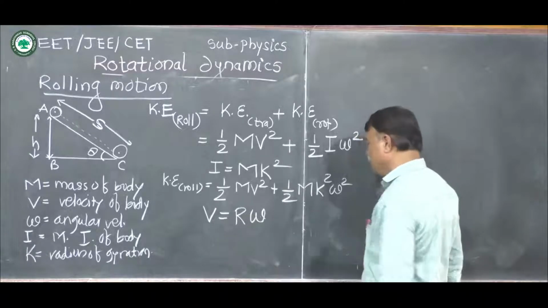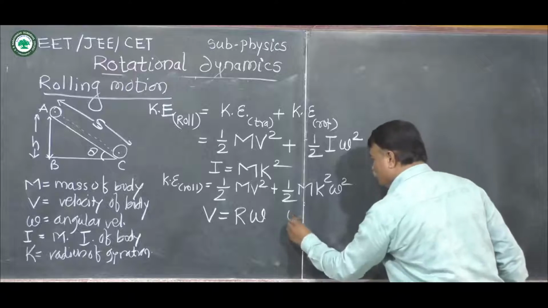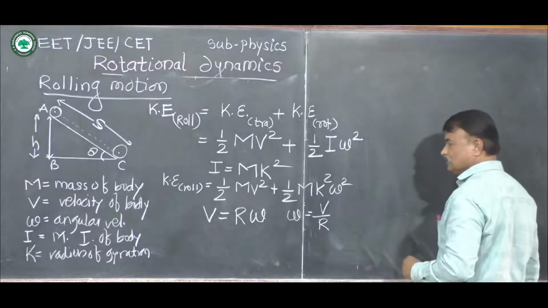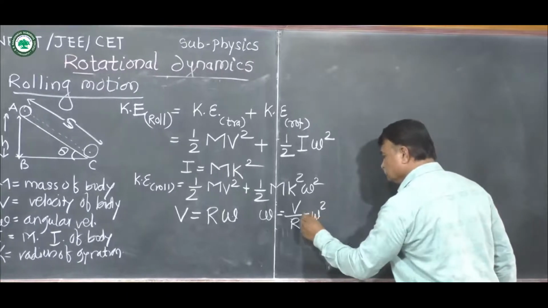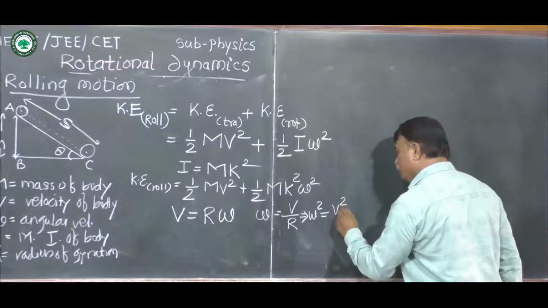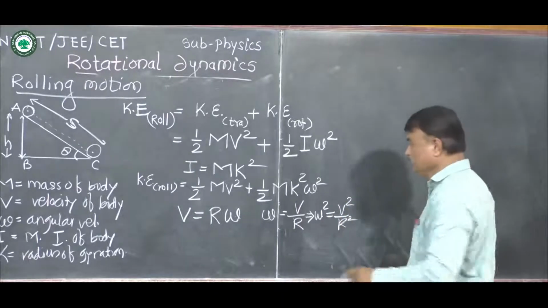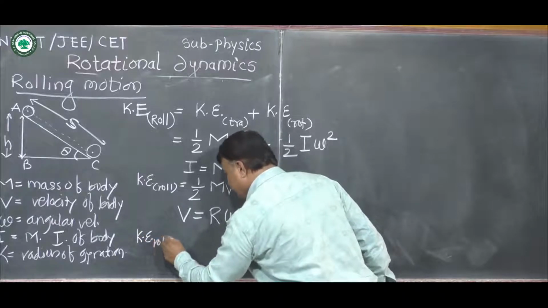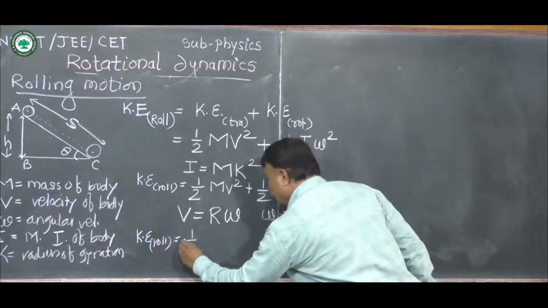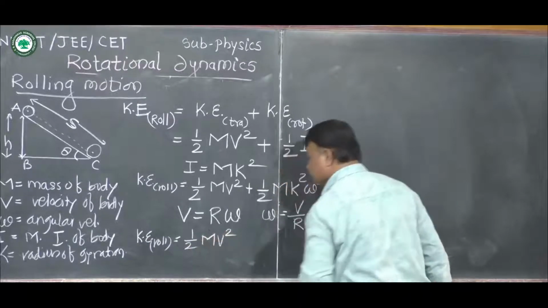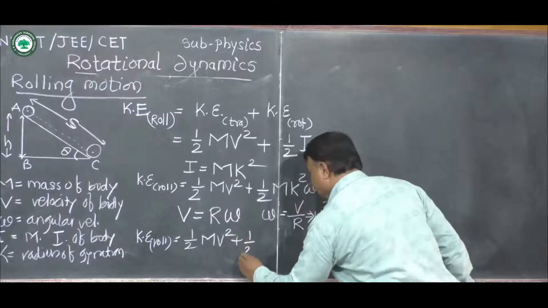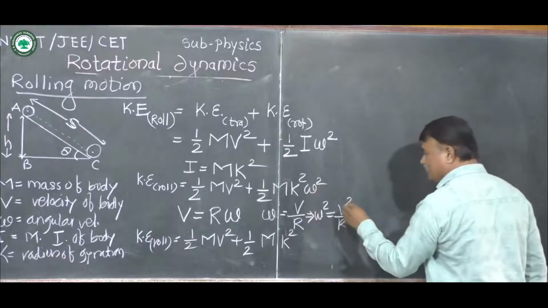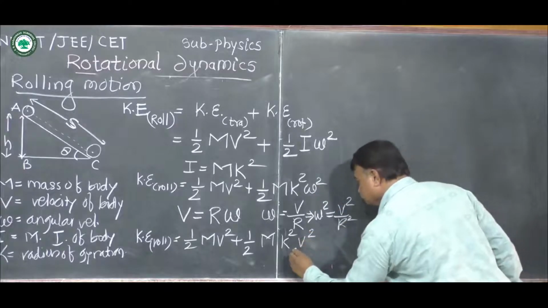By rearranging this, we get omega is equal to V upon capital R, and omega square becomes V square upon R square. Then the kinetic energy of the rolling body is equal to half mv square as it is, plus half mk square, and omega square becomes v square upon r square.